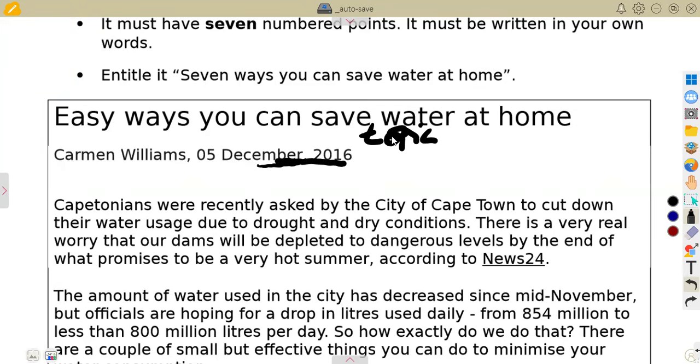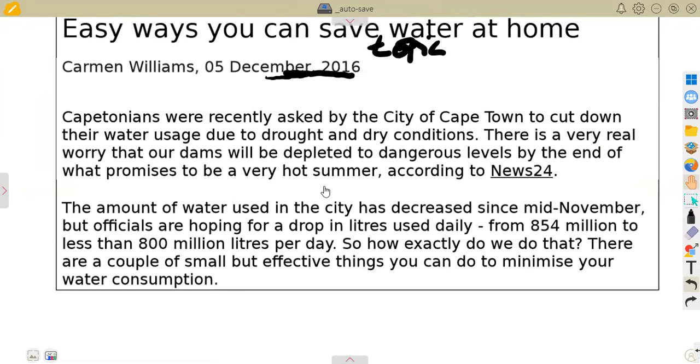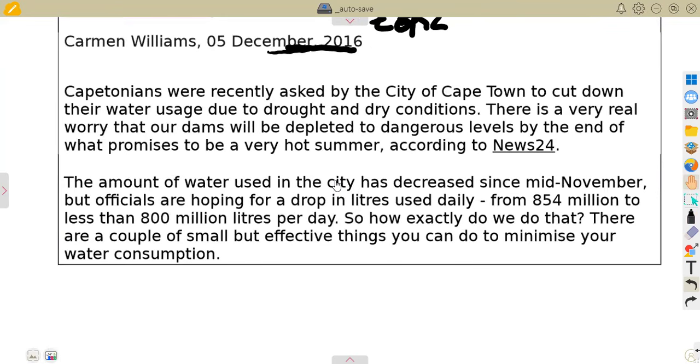And then as we move on, we are going to get what Mr. Williams was talking about when he was saying we should save water as far as possible. It reads as follows: Capetonians were recently asked by the city of Cape Town to cut down their water usage due to drought and dry conditions.